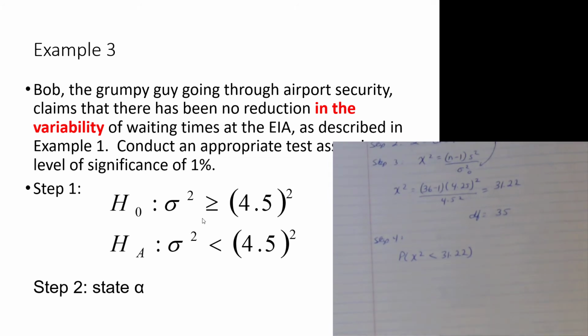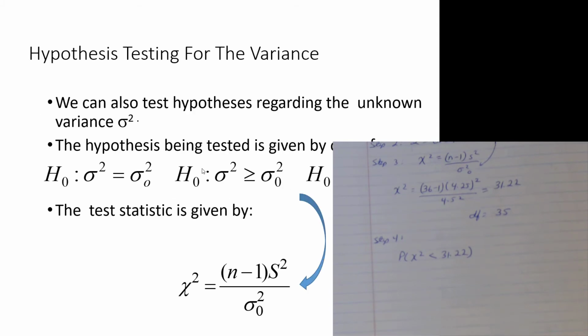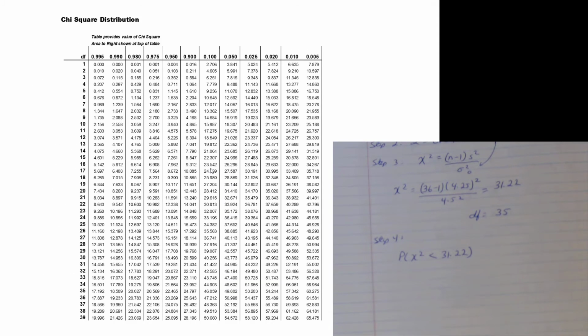Okay. So now we're going to go back to our tables, and then we'll do the calculation with Excel as well. So let's flip back to some tables here. Degrees of freedom 35. There's the row of 35. We're looking for 31.22. It falls between a couple of numbers here, which means if I look at the very top, it falls between 0.90 and 0.10.